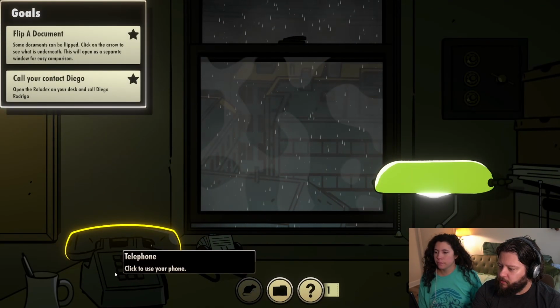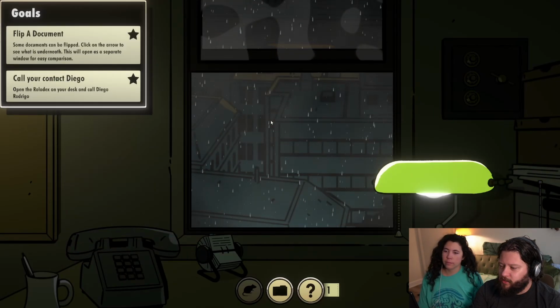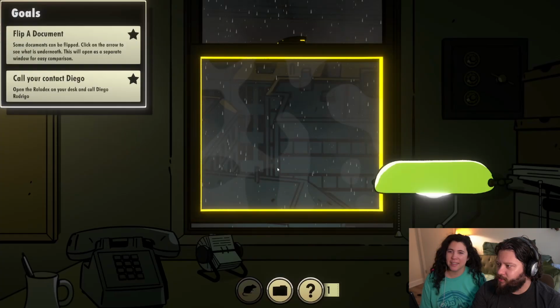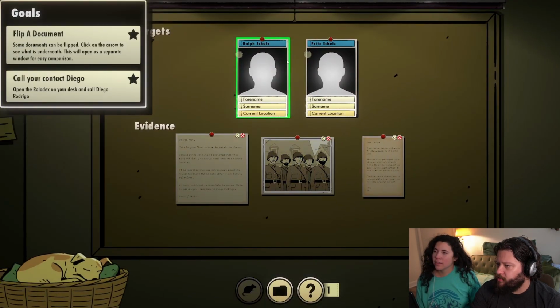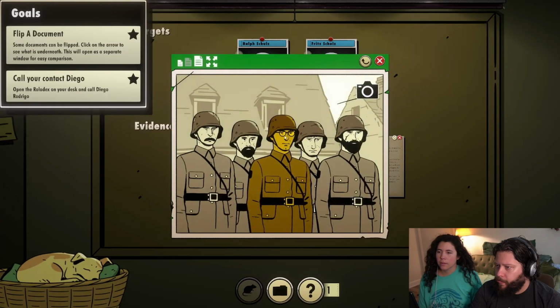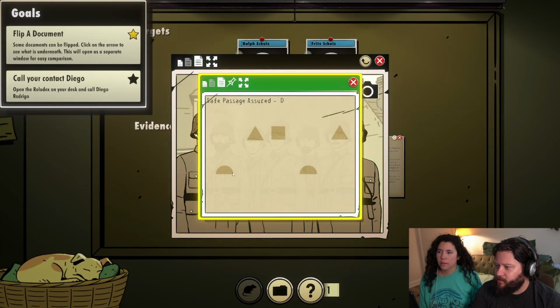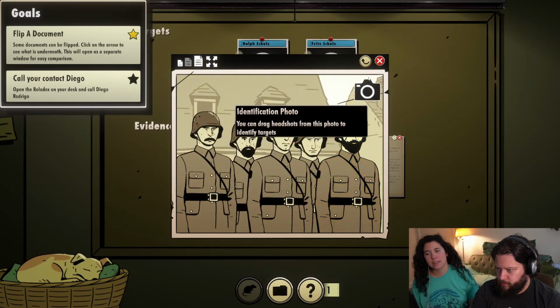We can look up phone numbers. We can use the phone. We can open the window. Close the window. Okay. Some documents can be flipped on the arrow to see what's underneath. Aha! This arrow. Samples, and it says safe passage secured.